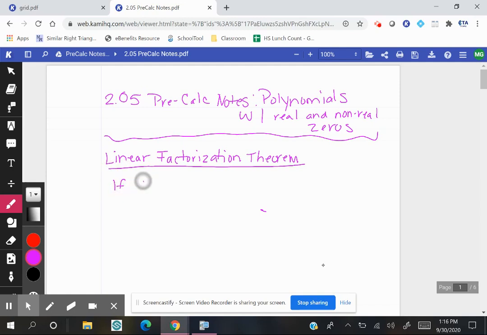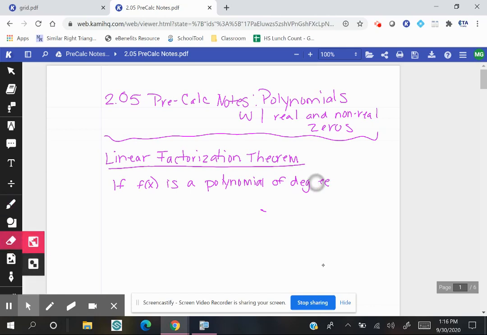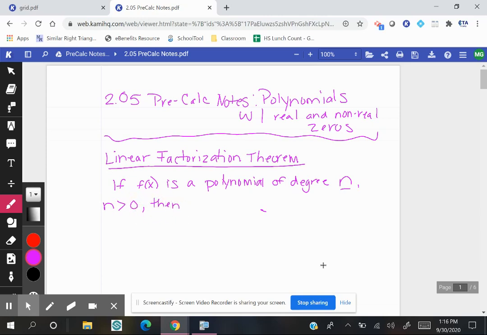If f of x is a polynomial of degree n, where n is greater than 0, then your function f has n linear factors.